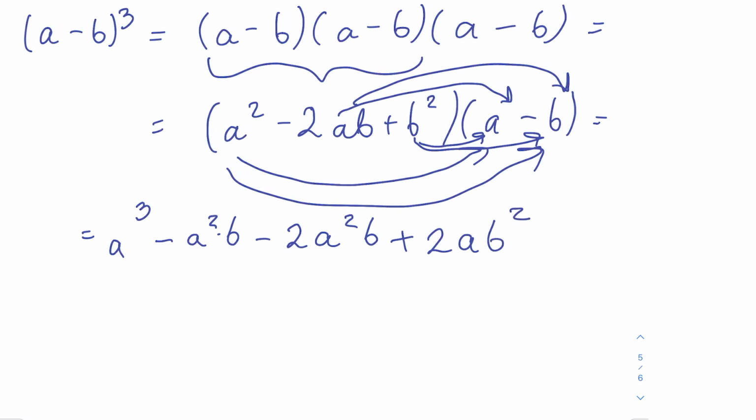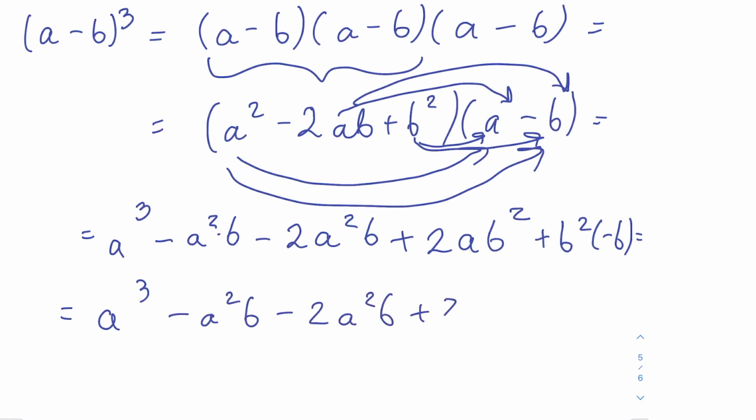And then we'll have plus b squared times minus b. So we'll end up with a to the power of 3 minus a squared b minus 2a squared b plus 2ab squared minus b to the power of 3.